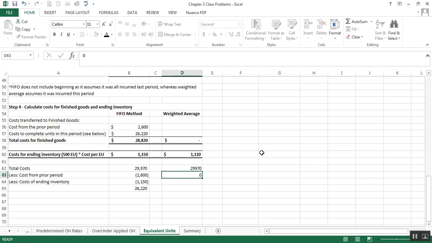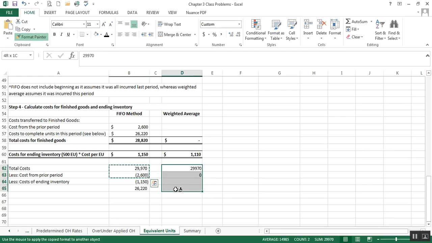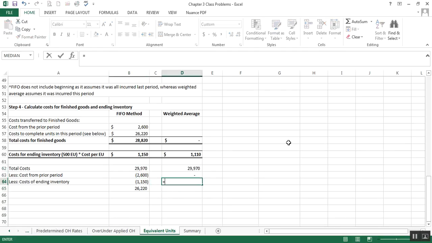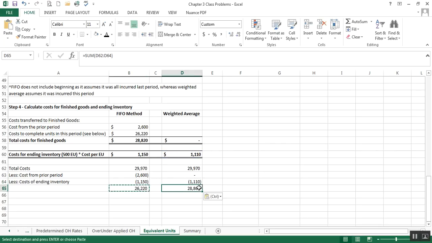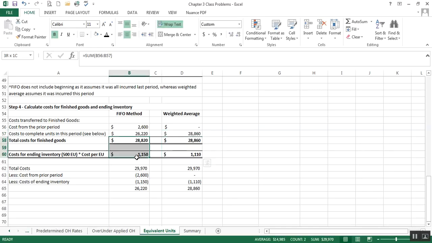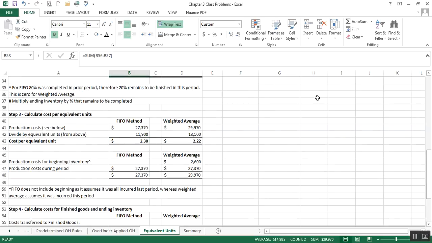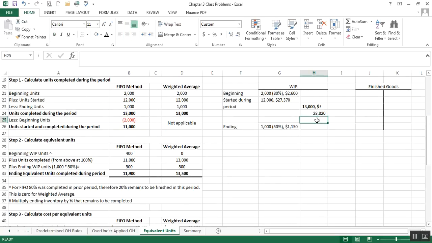We're going to assume there are no costs in the prior period under the weighted average because everything was done this period. And we're going to subtract our ending inventory. And it's going to give us 28,860. So here it's going to be 0, and here it's going to be 28,860. And that gives us this number under weighted average.